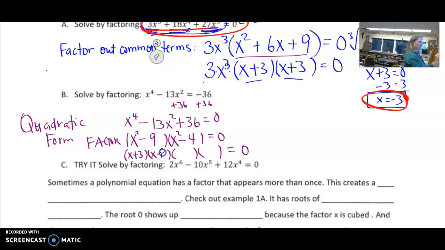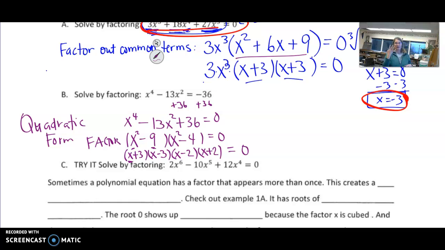And x squared minus 4 factors into x minus 2 and x plus 2. It doesn't matter which order you put those in, as long as one's plus and one's minus. When you see a difference of squares, just remember it's the square root of the first term plus or minus the square root of the second term.